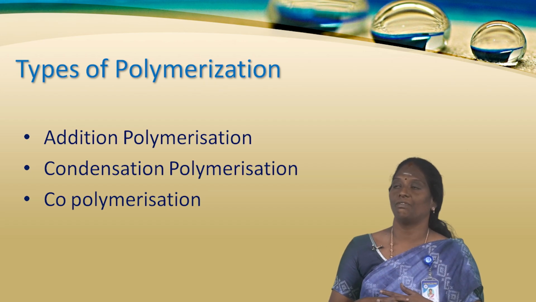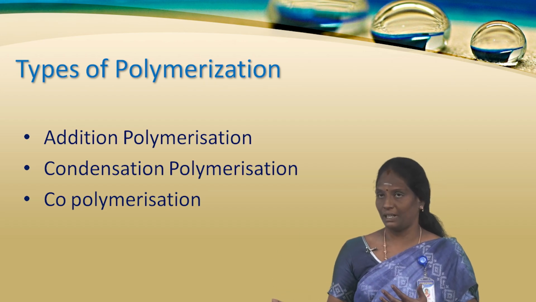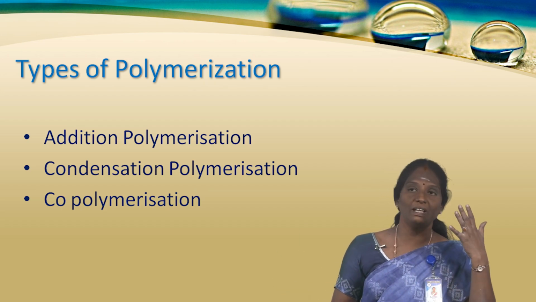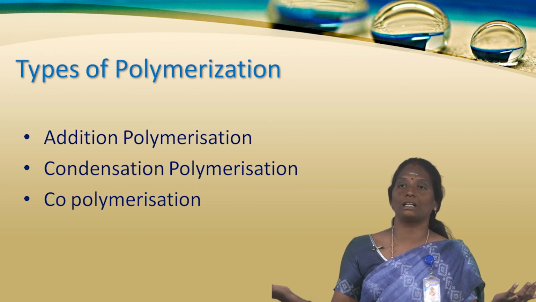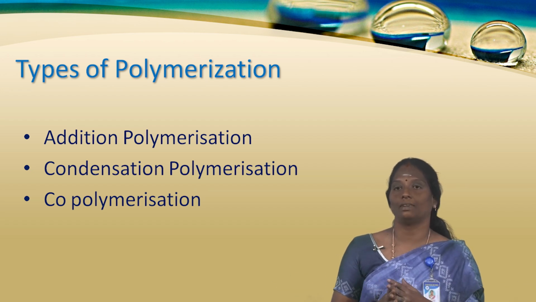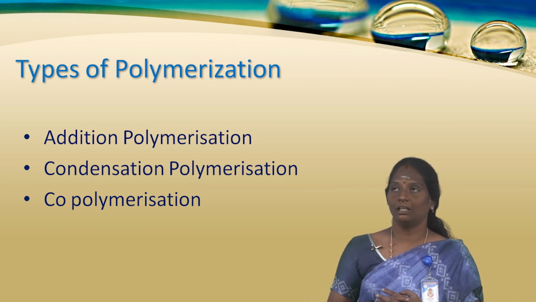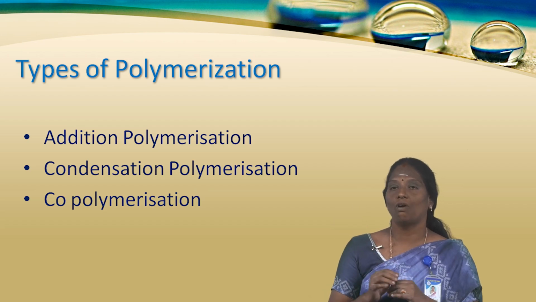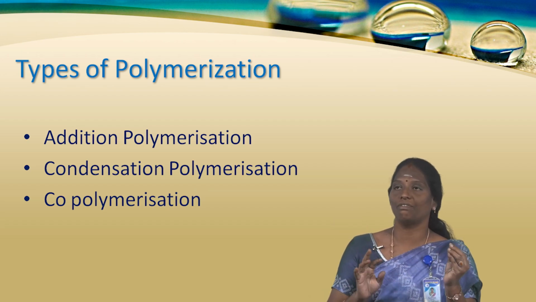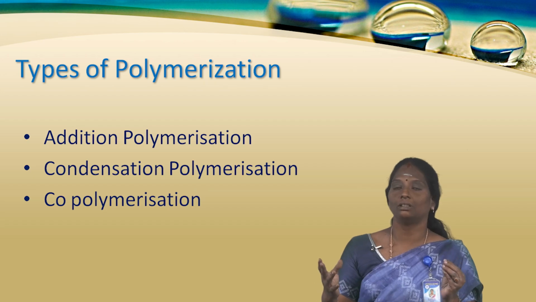That means when addition polymerization takes place, no molecules will be removed, that means eliminated. The monomers are combined cleanly. Therefore, the molecular weight of the resulting polymer will be an integral multiple of the molecular weight of monomers.